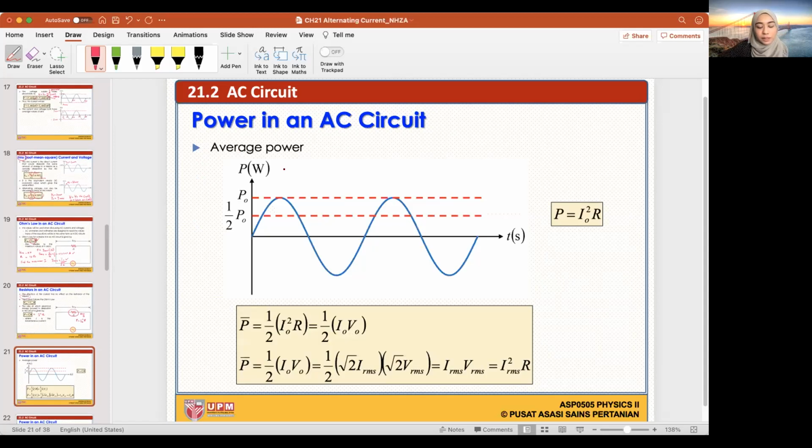Okay, so average power. When we talk about average, we talk about the mean, or 1 over 2, typically. So average power in this case is half of P naught. Half of P naught.